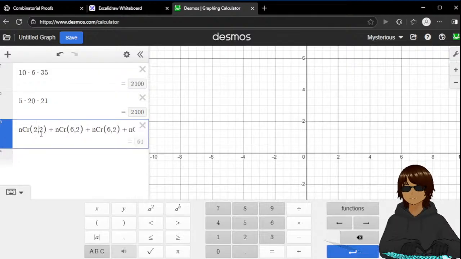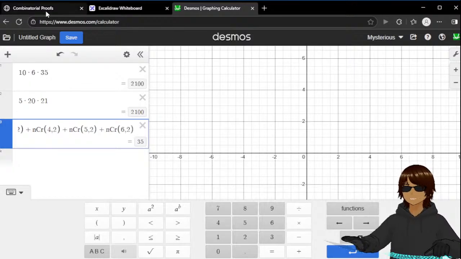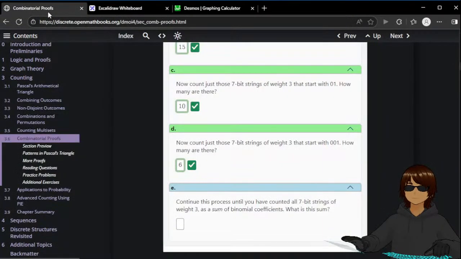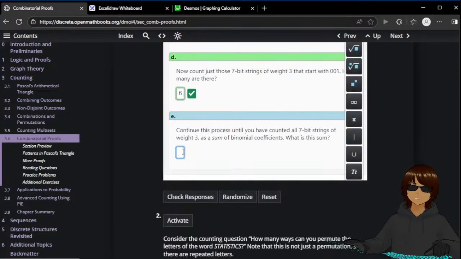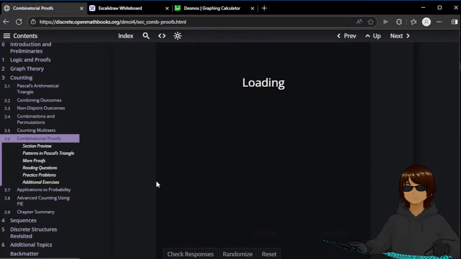So we have 2, 3, 4, 5, 6. 6 is the last one, right? We end up with 35. Is this what they're asking?